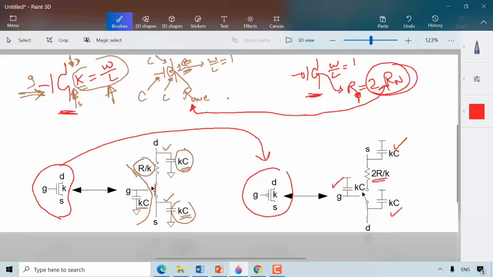The hole mobility is a factor of 2 to 3 less than the NMOS, and you will see that effectively the resistance of the PMOS device increases by 2. Therefore, instead of having an R here, I'm going to put for the PMOS 2R divided by K. Same thing, except with this little detail.